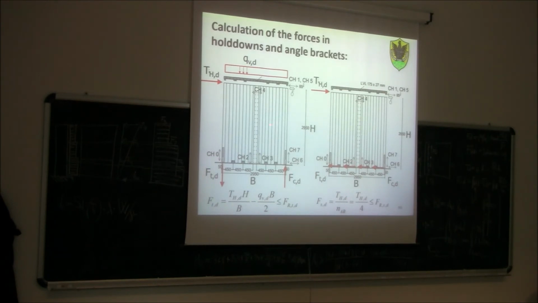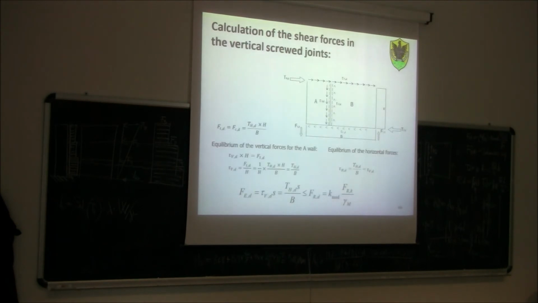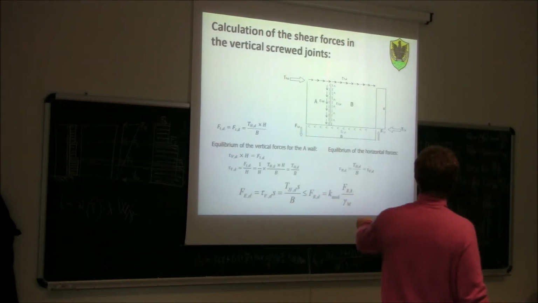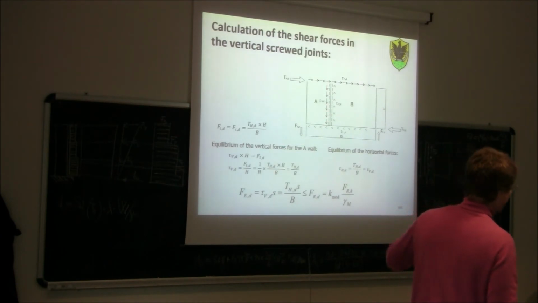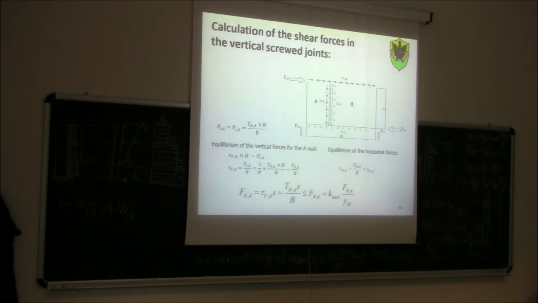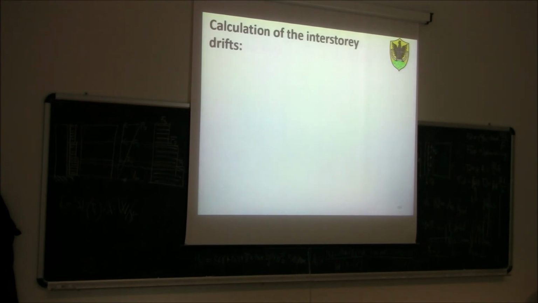And then capacity-based design for the other members. For example, if I have a vertical screw connection, I use this equation that we derived a while ago. Okay? Any question, please? So this is the procedure that we should follow to design a small light frame building or a small cross-laminated timber building.